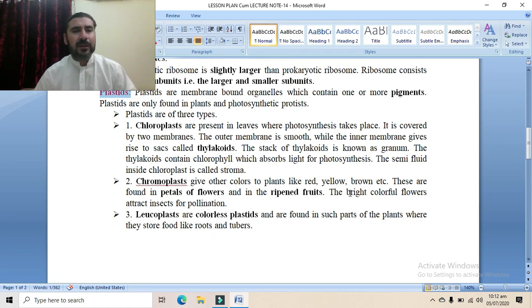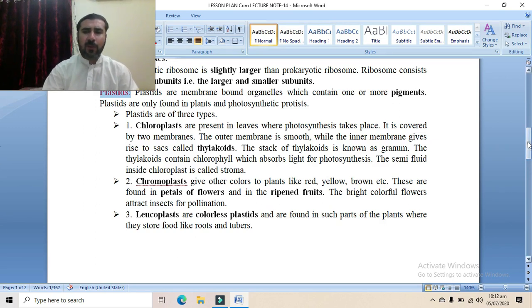When the insect moves to another flower, it carries these pollen grains, and they are transferred to the stigma of another flower. In this way pollination takes place. Pollination is the transfer of pollen grains from one flower to another flower, and this process is facilitated by these insects.